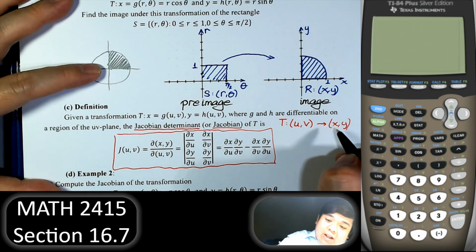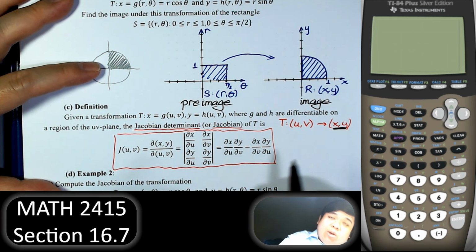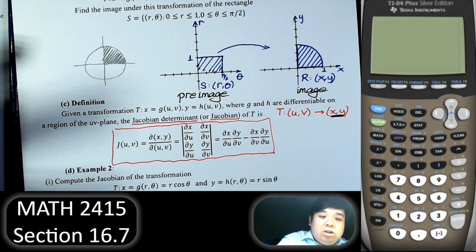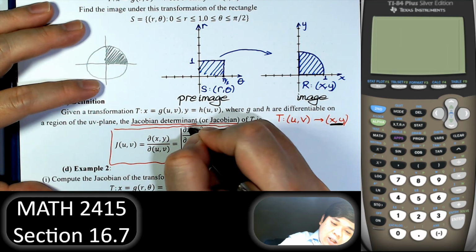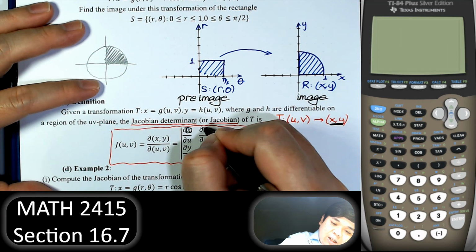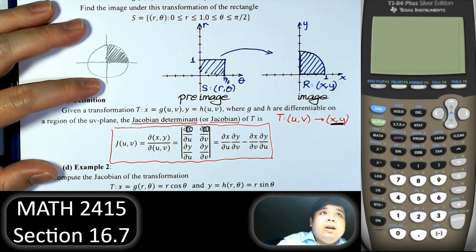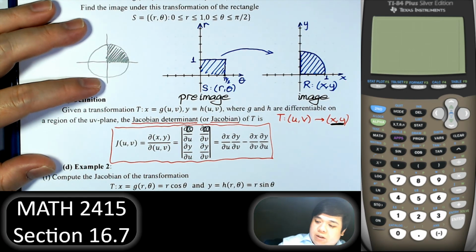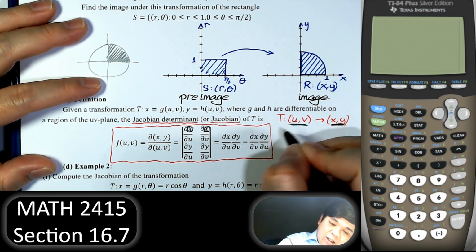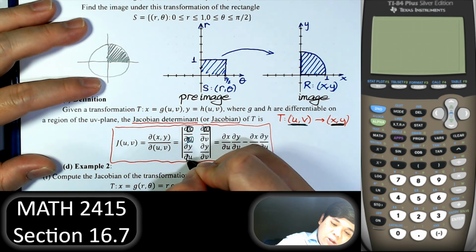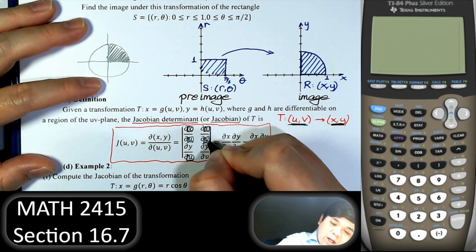What we have is x and y, two functions corresponding to two rows, and then two variables, u and v, corresponding to the columns.